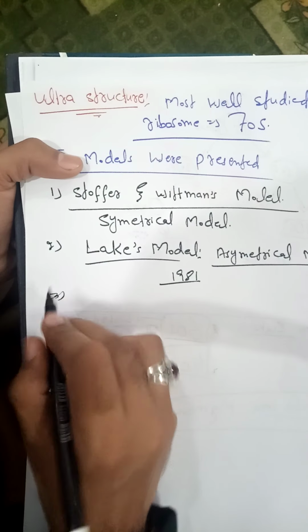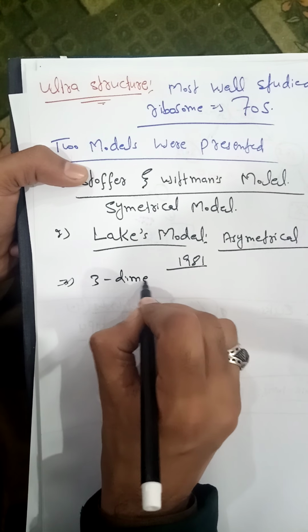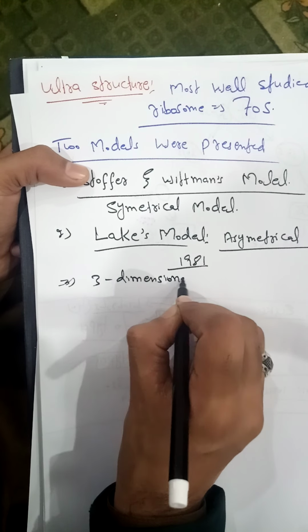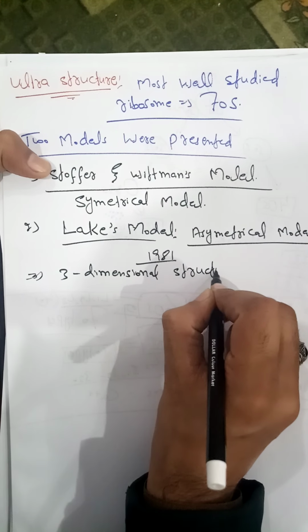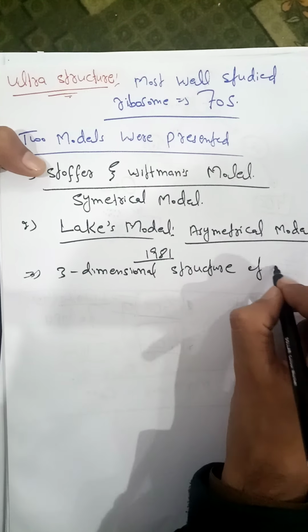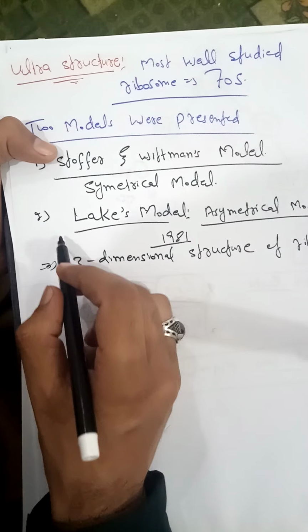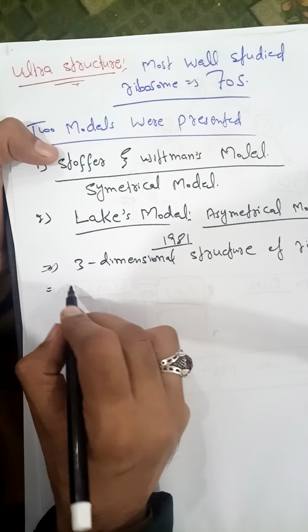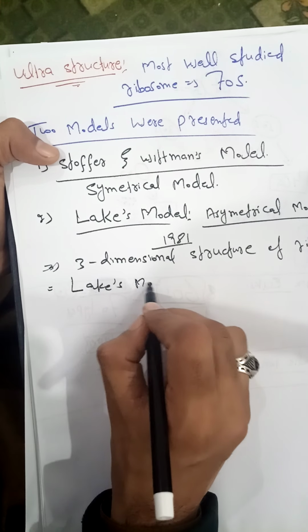It describes the three-dimensional structure of the ribosome. The most accepted model is Lake's model.